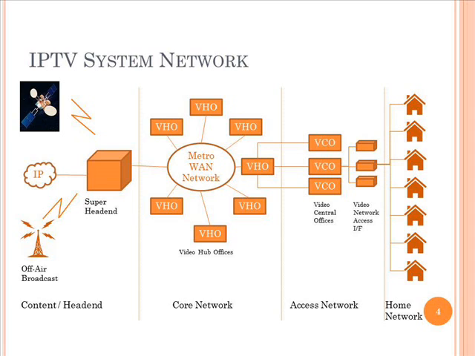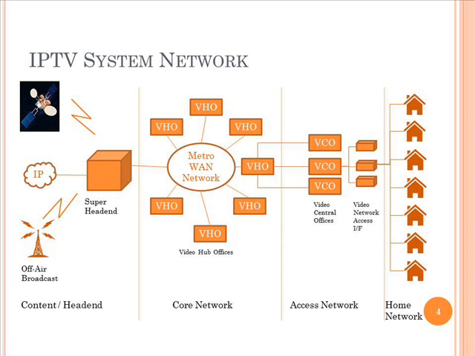The super head end is what aggregates all the information coming into it from towers or satellites, and then sends it over the core network, which is a metro wide area network, generally a fiber network.